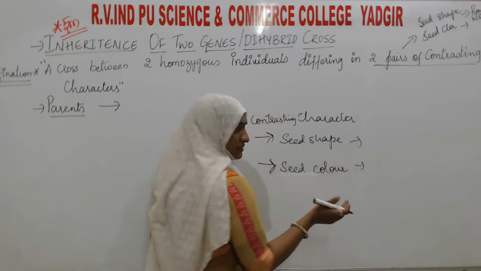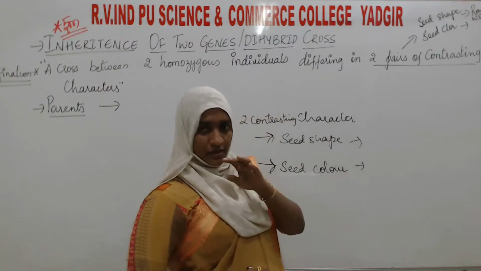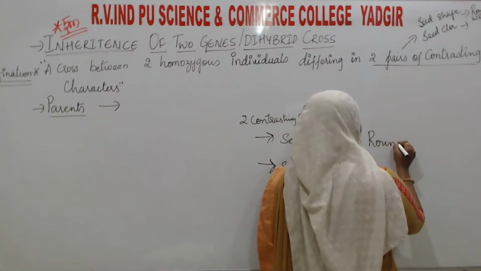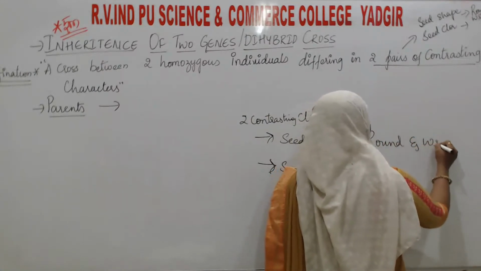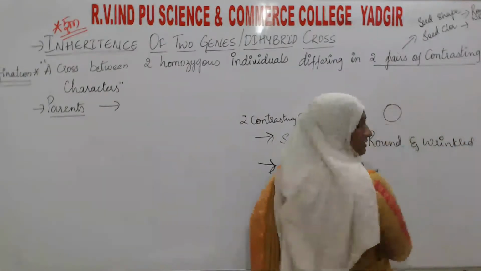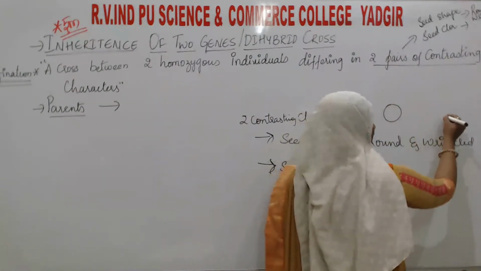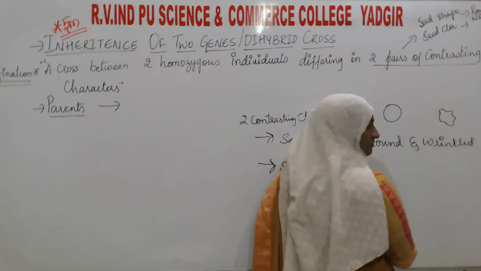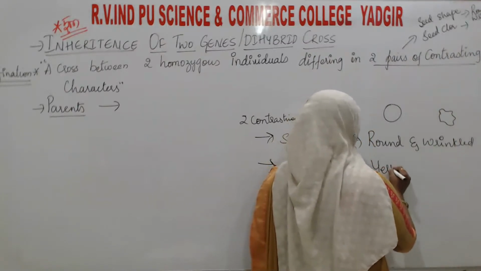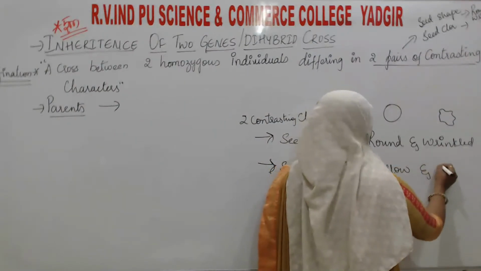Two contrasting means opposing characters. One is round and wrinkled. Round means the seed will be like this, wrinkled means the seed will be like this. Seed color means yellow and green.